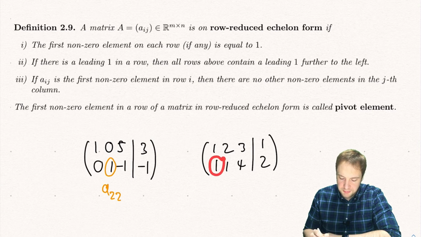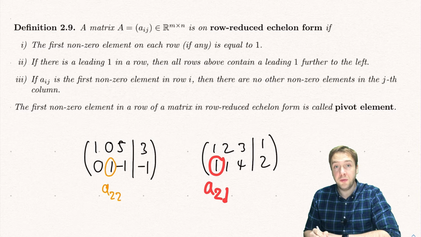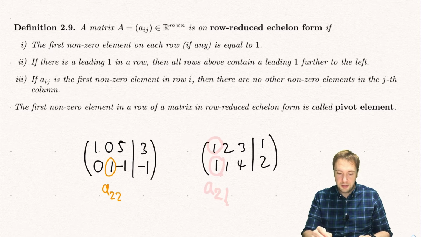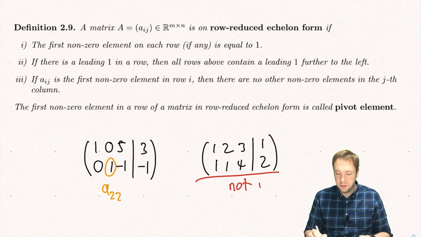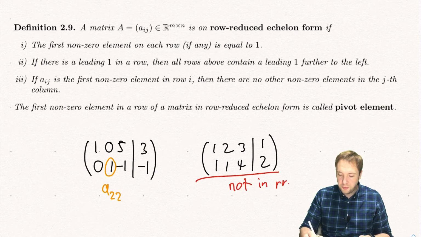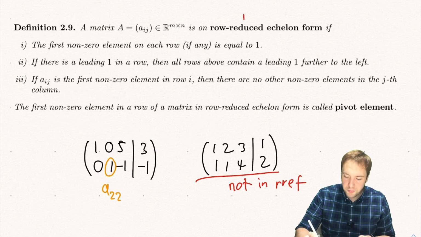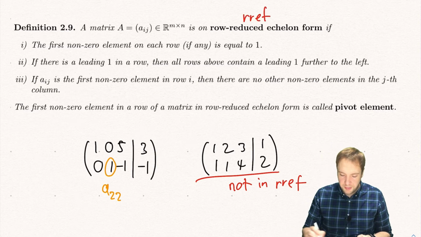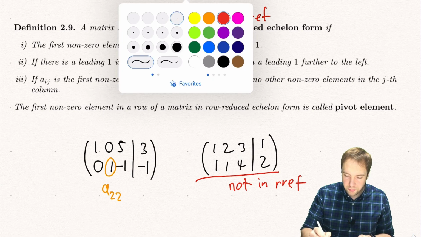But for example here, this a_21 is the first non-zero element in the second row, and it's in the first column, but here in the first column there's also still a non-zero element. So this here is not in row-reduced echelon form. For row-reduced echelon form we use the abbreviation RREF, but this here is in row-reduced echelon form.